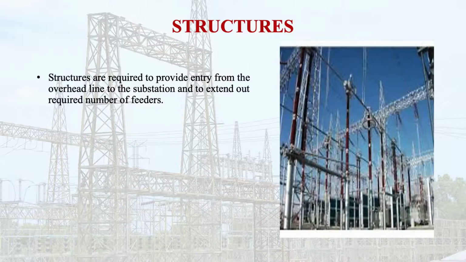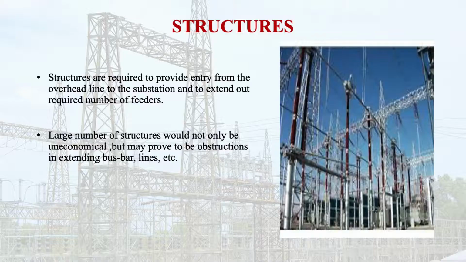So one is the structure. This is a major component, you can say, in the substation, over which you can see a lot of trusses and support systems. Structures are required to provide entry from the overhead lines to the substation and to extend out the required number of feeders.